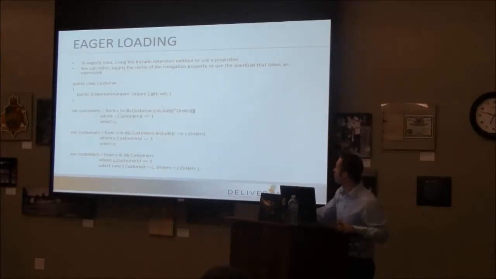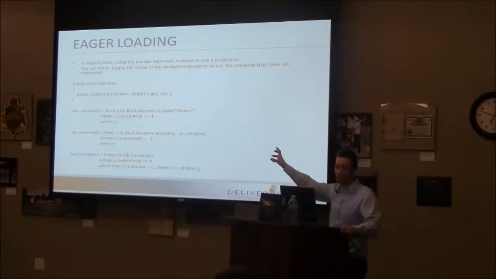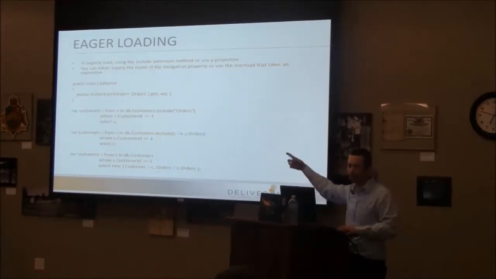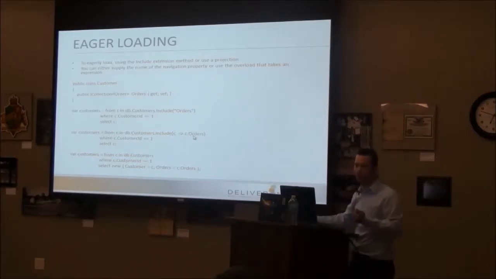So I can say include the orders when I bring back the customer, where customer ID is 1, select C. Basically, it's going to write a query that's going to bring back a list of customers and the included orders for that customer. So it's going to do the join to the orders table for you. Again, the second query is basically the same as the first. The only difference is it's strongly typed versus just being a magic string property.